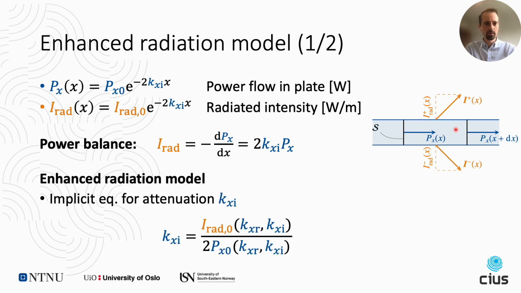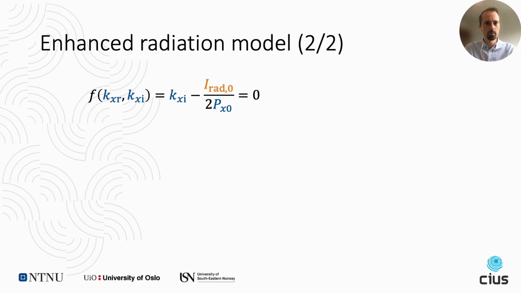And this actually directly gives us an enhanced radiation model, which is like an implicit equation for the attenuation, kxi, as a function of the amplitude of radiated power and the amplitude of the power flow. Further, we can express this radiation model as a function that must be equal to 0.